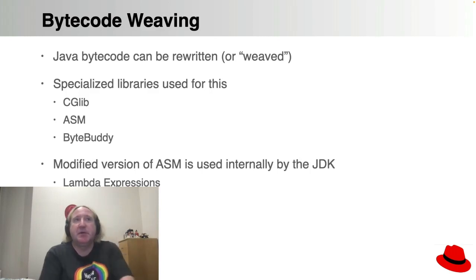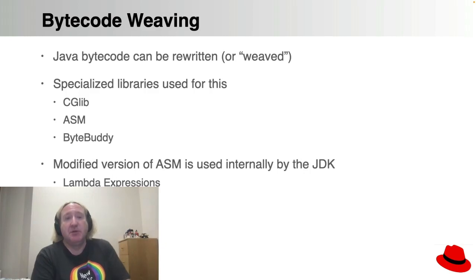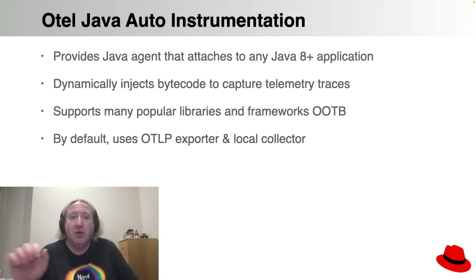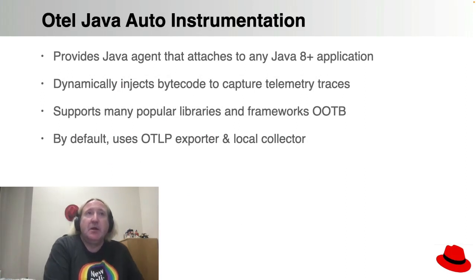There are key libraries for doing this. In OpenTelemetry, we use the one called ByteBuddy. There's also a very popular bytecode rewriting library called ASM, which is used internally by the JDK. I'll skip that example. So the Java agent that's provided by OpenTelemetry can attach to any Java 8 and above application.